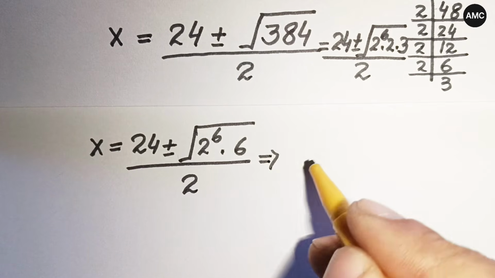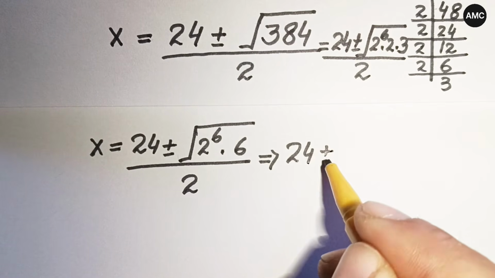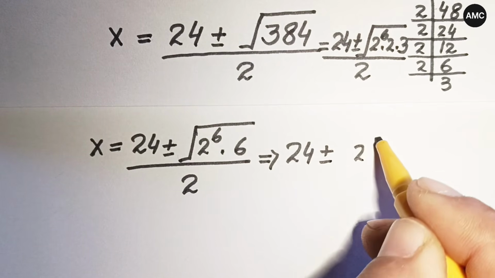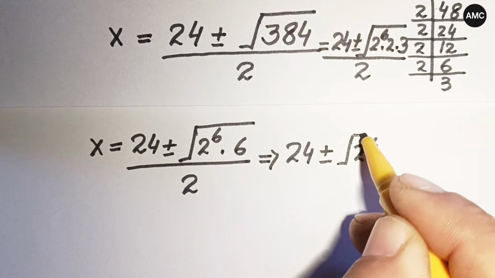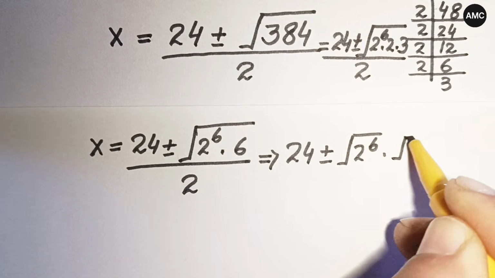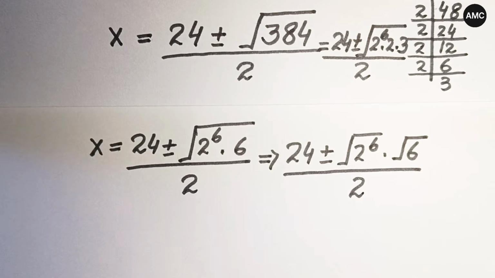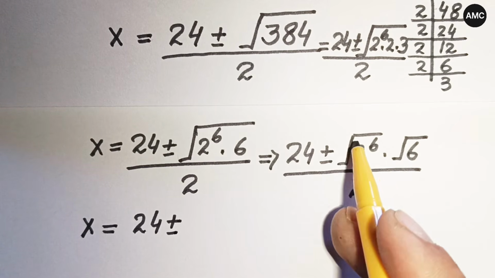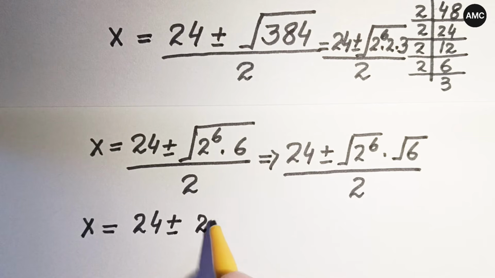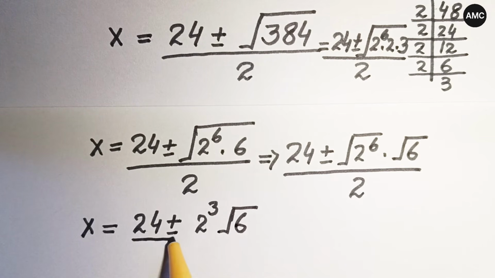So next we have 24 plus or minus, we can write the square root of 2 to the power 6 times the square root of 6, all over 2. Here x is equal to 24 plus or minus, the square root of 2 to the power 6 is equal to 2 to the power 3, times the square root of 6, all over 2.